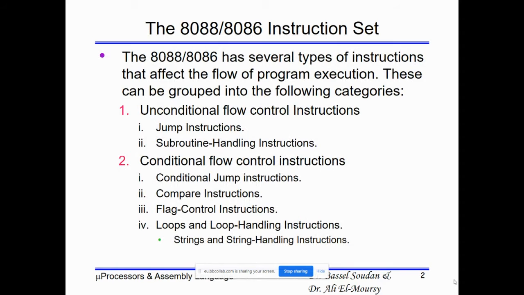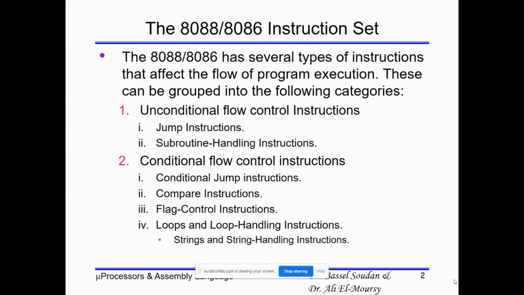Those instructions are classified into 2 major sets or categories. We have the unconditional control flow instructions, and we have the conditional control flow instructions. The first, and a little bit simpler, is the unconditional control flow instructions.